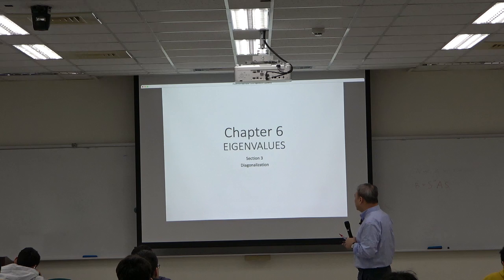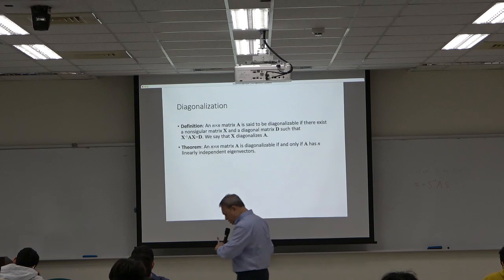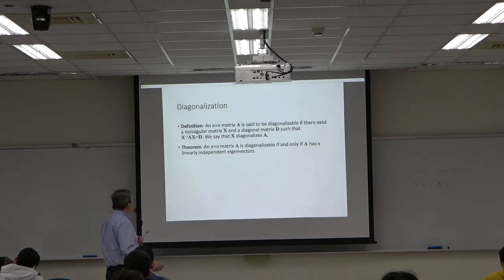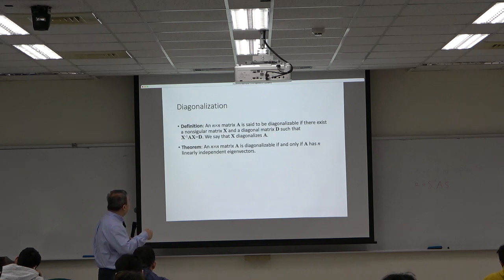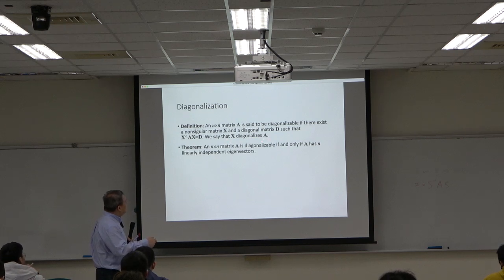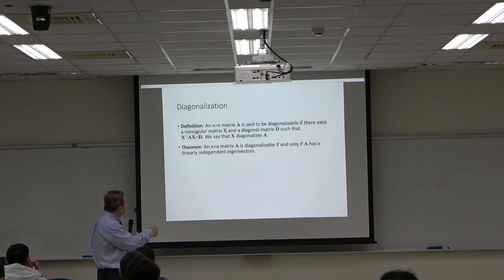Okay, diagonalization. An n times n matrix A is said to be diagonalizable if there exists a non-singular matrix X and a diagonal matrix D such that X inverse A X equals D. We say that X diagonalizes A. This is a little bit similar to two matrices being similar, but it's about diagonalization.